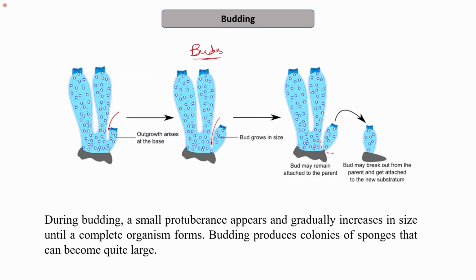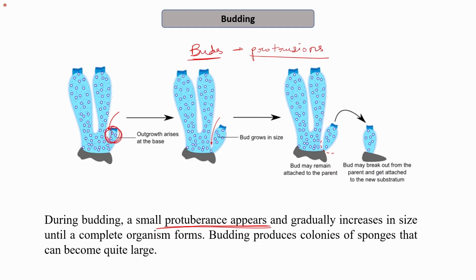Buds are nothing but protrusions, right? These are the protrusions that protrude out of the normal body of the poriferans. During budding, a small protuberance appears, right? For example, you can see that a small protuberance has appeared here.